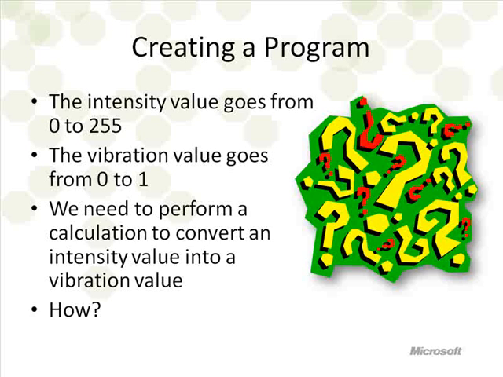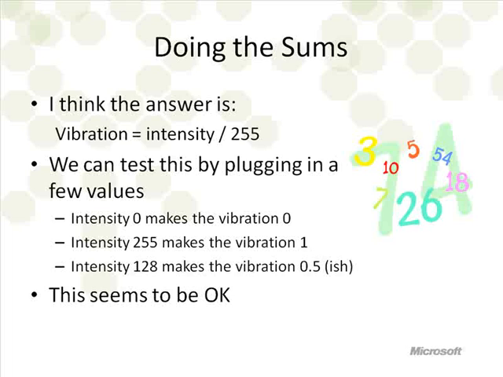You're trying to think, okay, what can I do to a value in the range 0 to 255 that would get me a value in the range 0 to 1? Little bit of algebra, not a lot, and you come up with this. Take the intensity value, which goes 0 to 255, divide it by 255, and that'll say how much vibration you want.